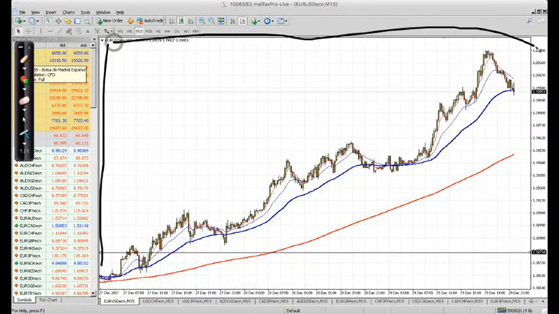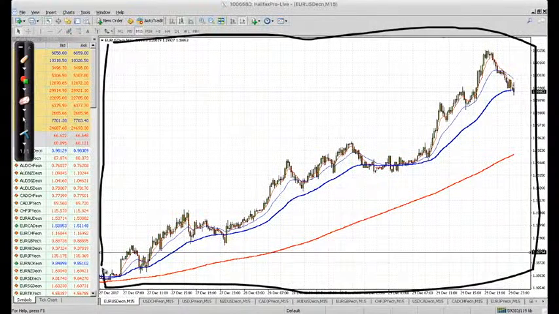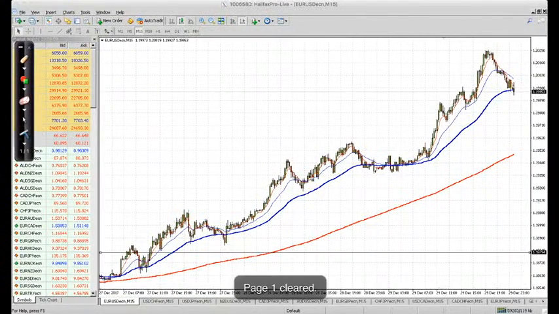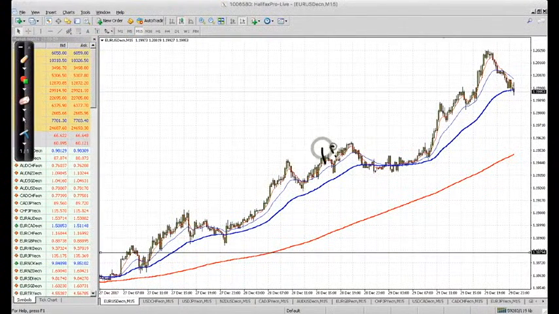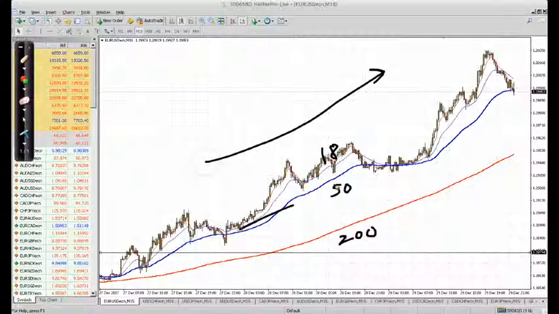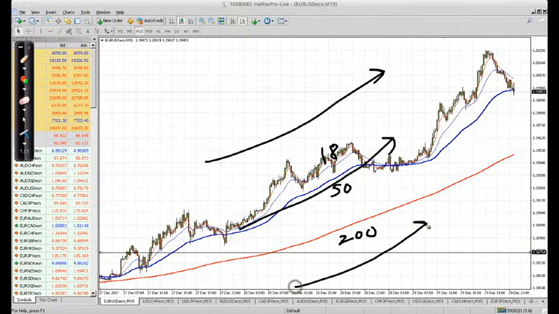During this section of the chart, do you see that clear moving average sequence? You can see this blue line is the 18. So the 18 is above the 50 and the 50 is above the 200, and they are generally in a sloping up fashion. So this is a very clear uptrend.